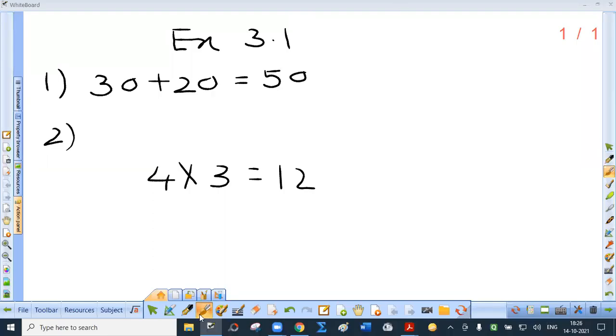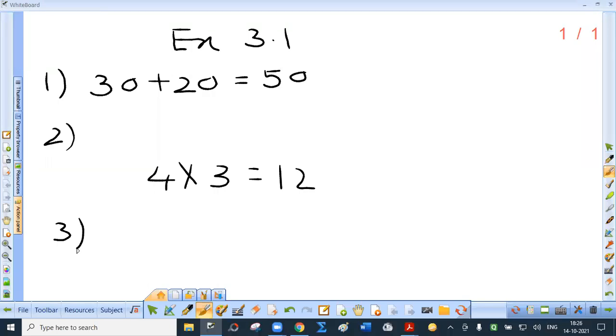Most of the students have written the correct answer for sum number 3. Let me read the sum. How many 2-letter words can be formed using letters from the word SPACE when repetition of letters, first part is allowed, second part is not allowed? First I'll explain and then I'll dictate.